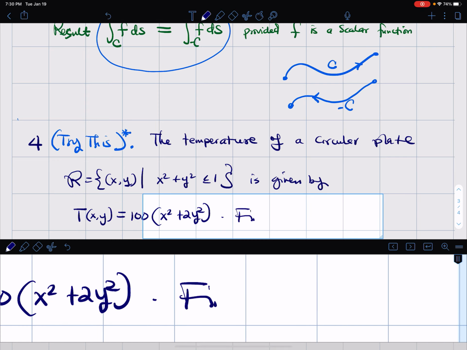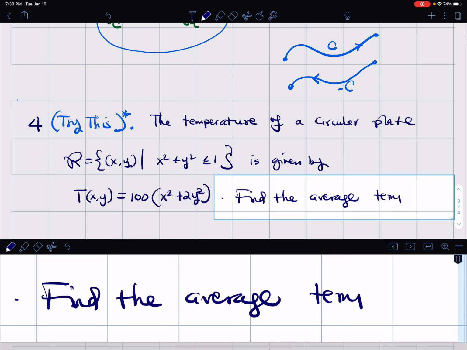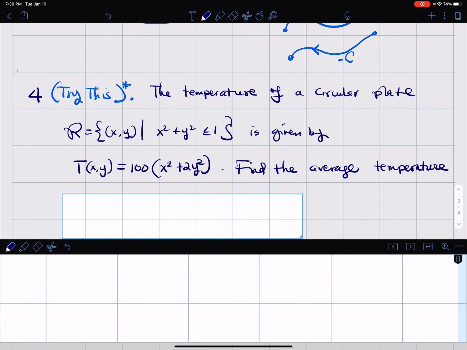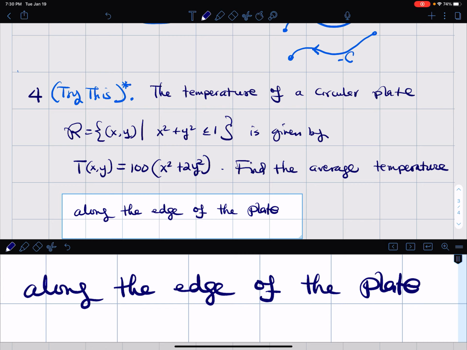Now we want to find the average temperature along the edge of the plate. Average temperature along the edge of the plate.